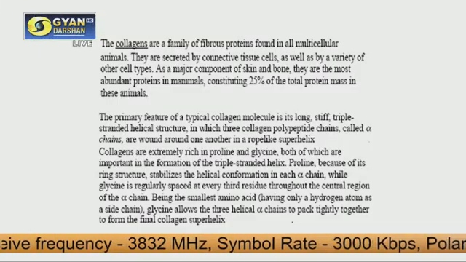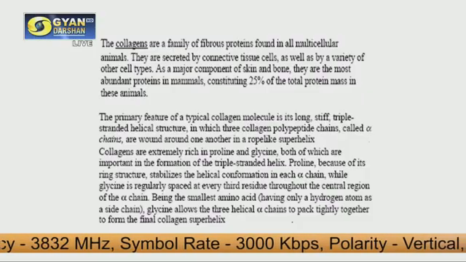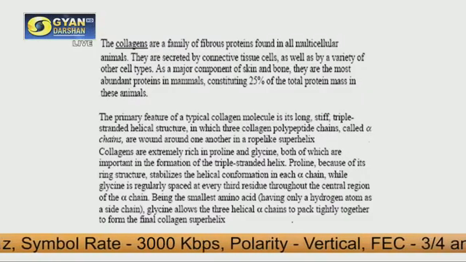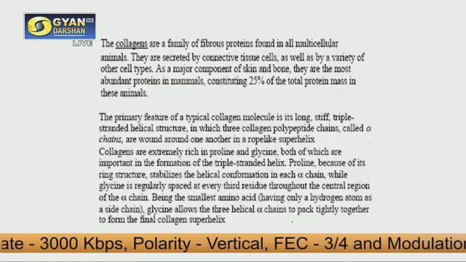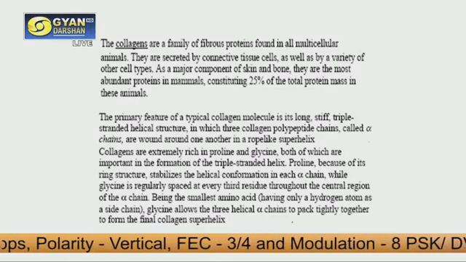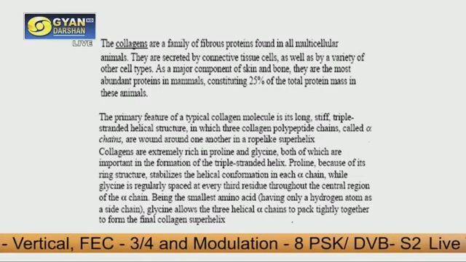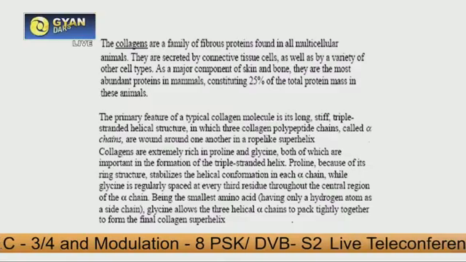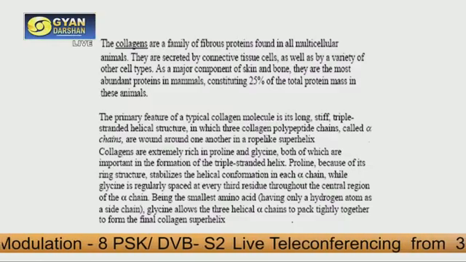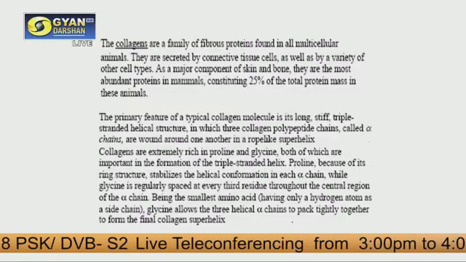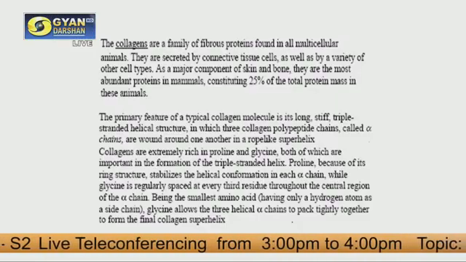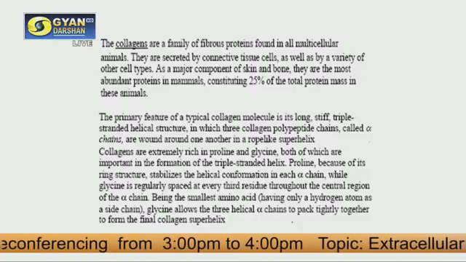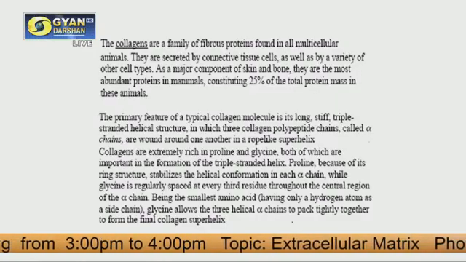Now, proline, because of its ring structure, stabilizes the helical conformation in each alpha chain, and glycine, as I said, is the simplest and smallest amino acid. Therefore, glycine allows the three helical alpha chains to pack tightly together to form the final collagen superhelix.